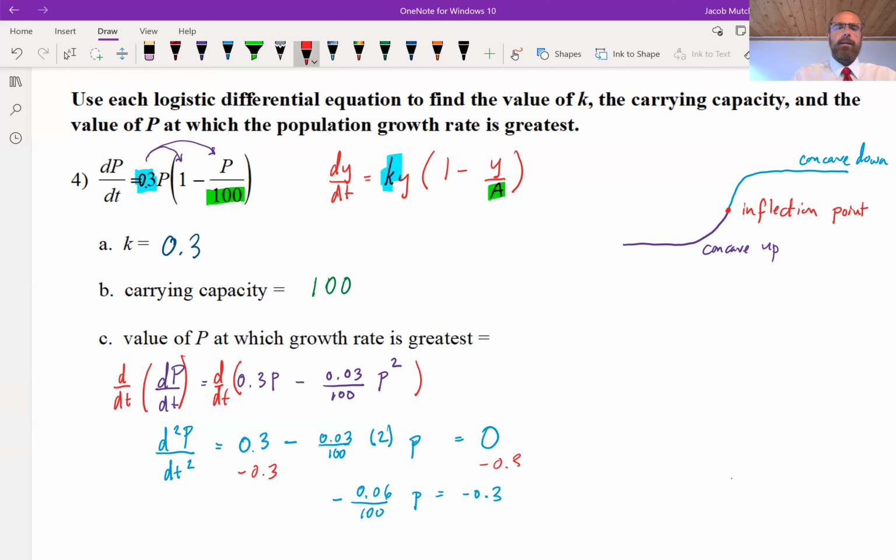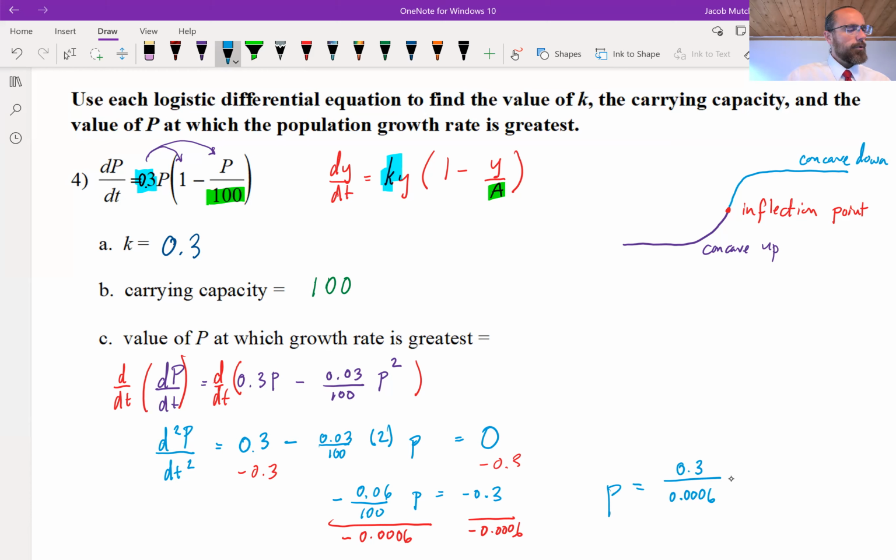And then I want to divide both sides by, I'm going to put this as a decimal, 0.0006. And at that point, I've got a solution here. So p equals, my negative signs are going to cancel, 0.3 divided by 0.0006.